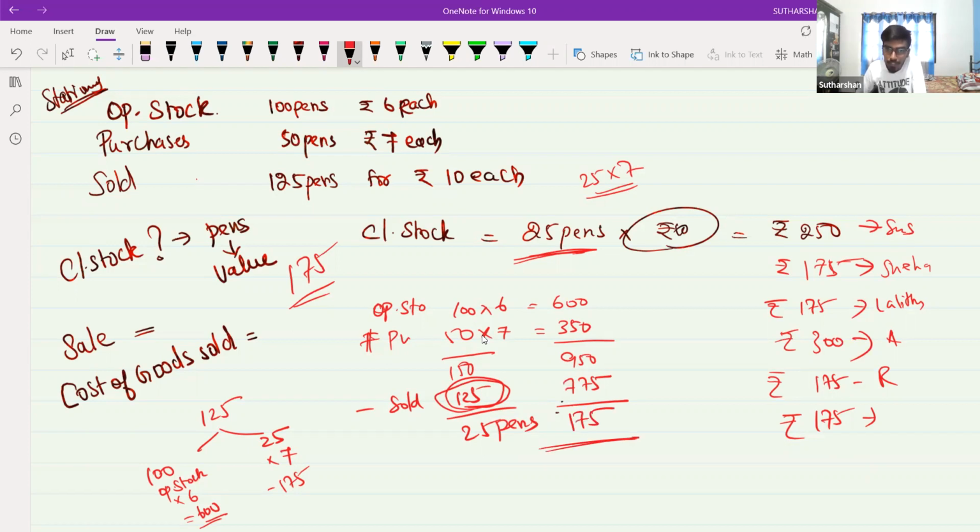So what is the cost price of the 25 pence? 175. This is based on the concept of FIFO, first in first out.